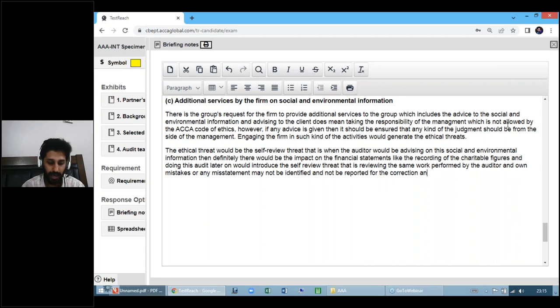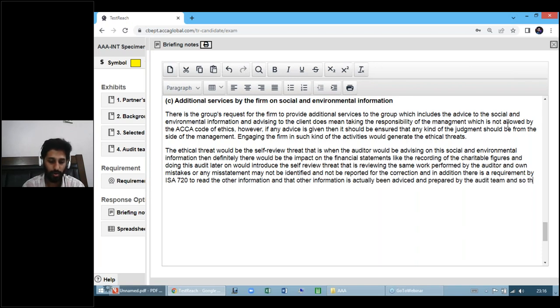Right? And in addition there is a requirement by ISA 720 to read the other information, and that other information is actually being advised and prepared by the audit team.